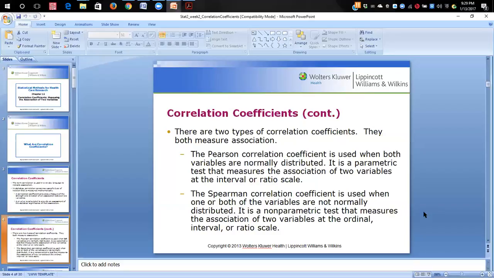That is really an important thing to remember. So Pearson versus Spearman: make sure that you use the appropriate one.